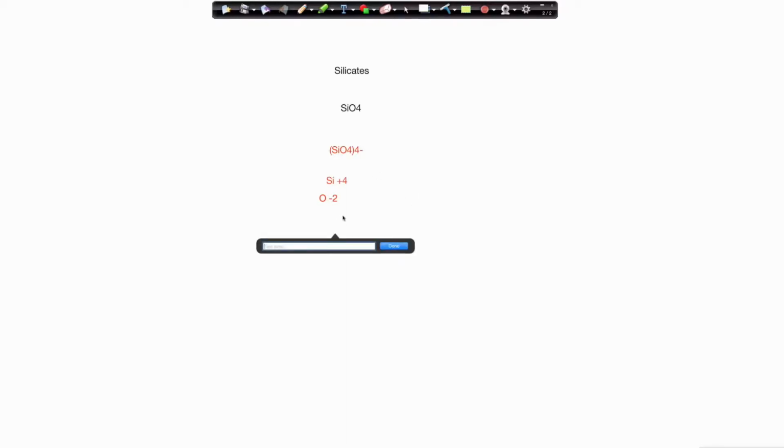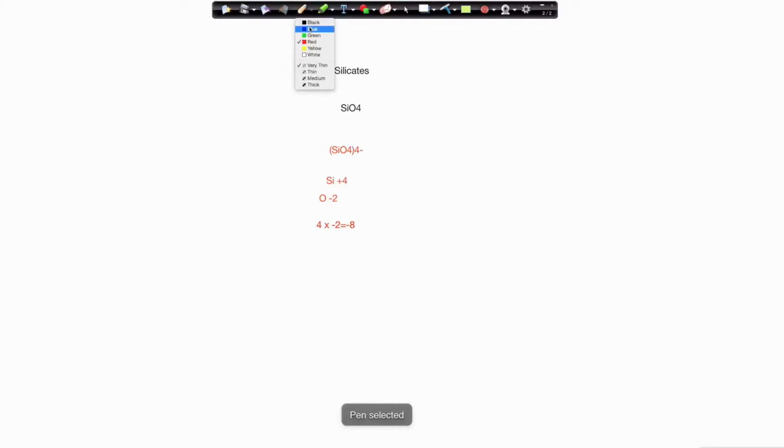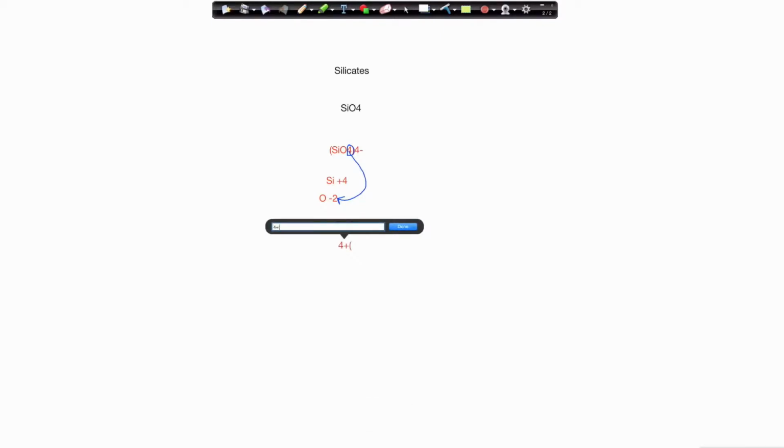So you would take 4 times the -2 equals a -8. Then when you take 4 plus a -8, it equals a -4. So this is why the silicate has a -4 charge.